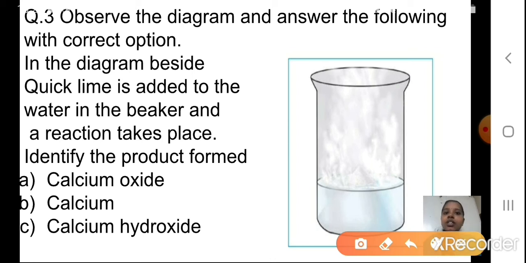Again, a reactant can't be directly the product, right? So when I am adding calcium oxide to water, what am I going to get, students? I am going to get calcium hydroxide. So like this, a diagram can be given to you and you have to see that diagram, read the question and mark the correct option. Okay students, did you understand everything?